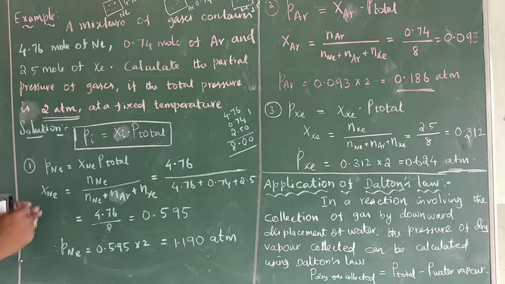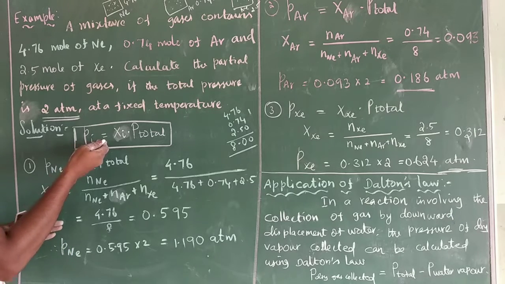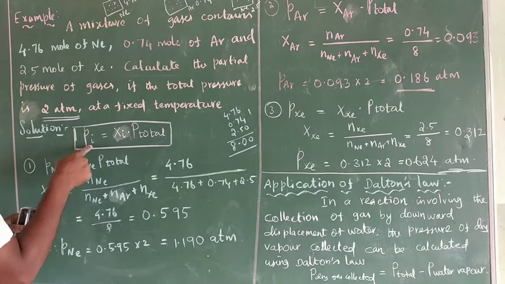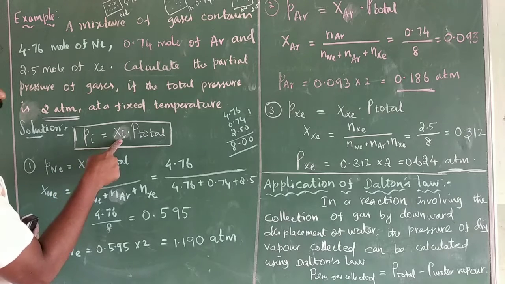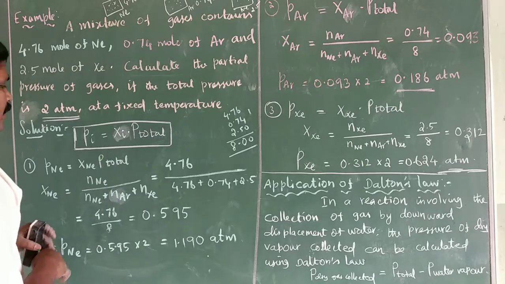According to Dalton's law of partial pressure, Pi is equal to Xi into total pressure.